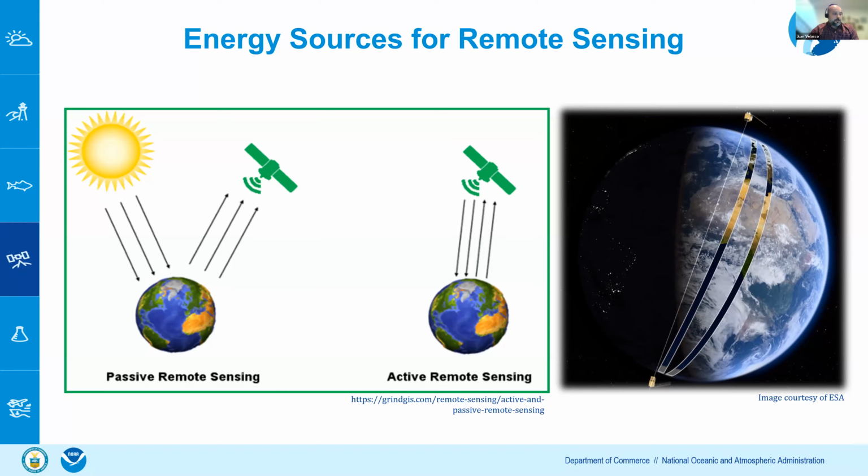In contrast, active remote sensors emit their own pulses of energy, and the sensors measure the reflection of that energy. Interestingly, oil spills reflect very little energy back to the sensor, and we'll see why that is in a moment. A radar system like synthetic aperture radar, or SAR, is an example of an active sensor system.